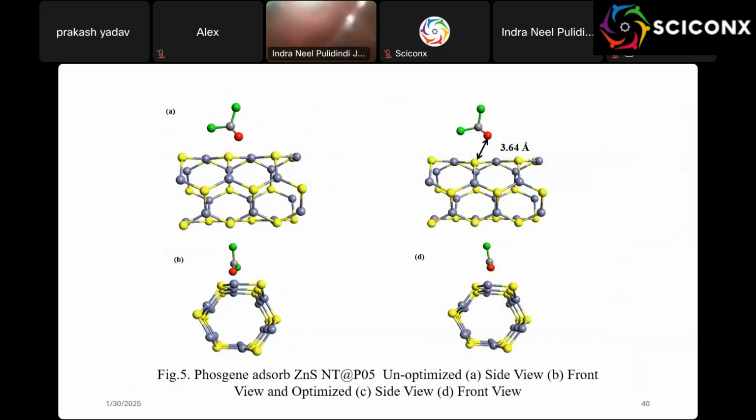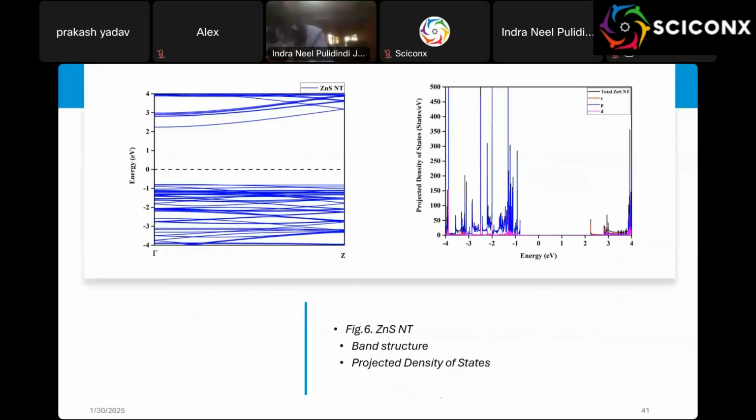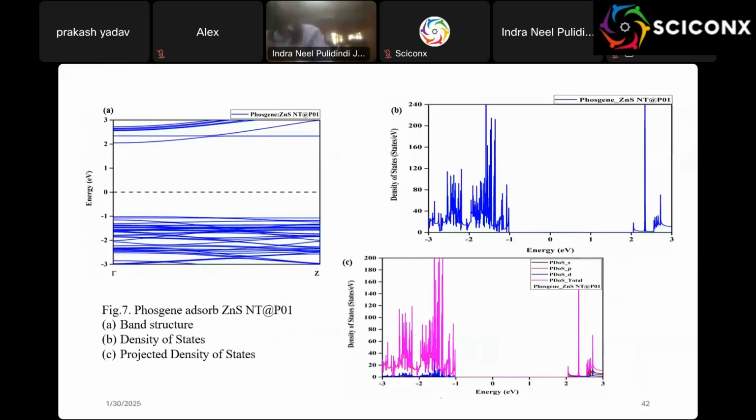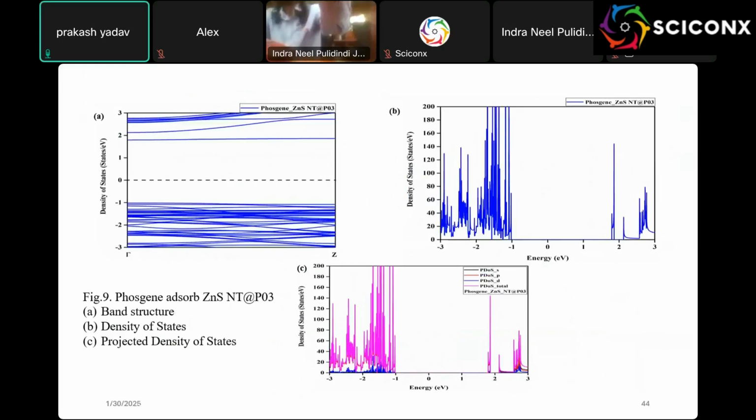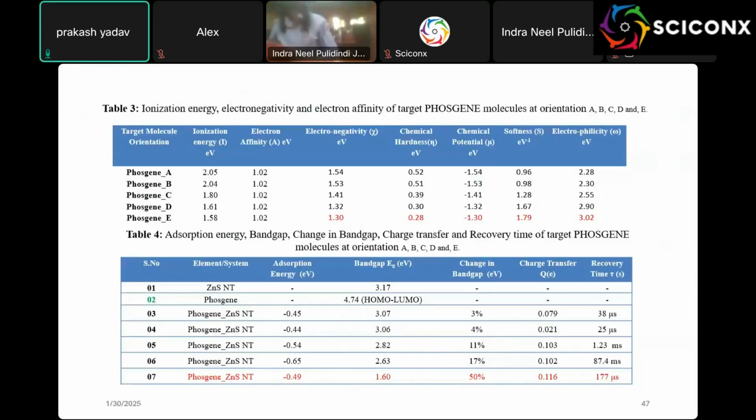What is the reason behind this? It is due to the oxygen and sulfur molecules, and as a chemist, Professor Neil is very good, they note that why charge transfer is higher at this position, because oxygen molecules have higher electronegativity and want to attract the charge.